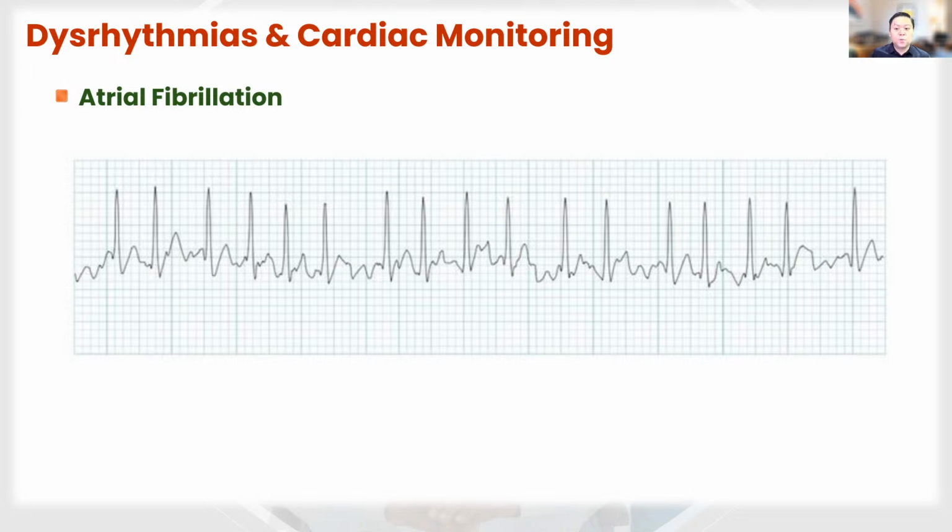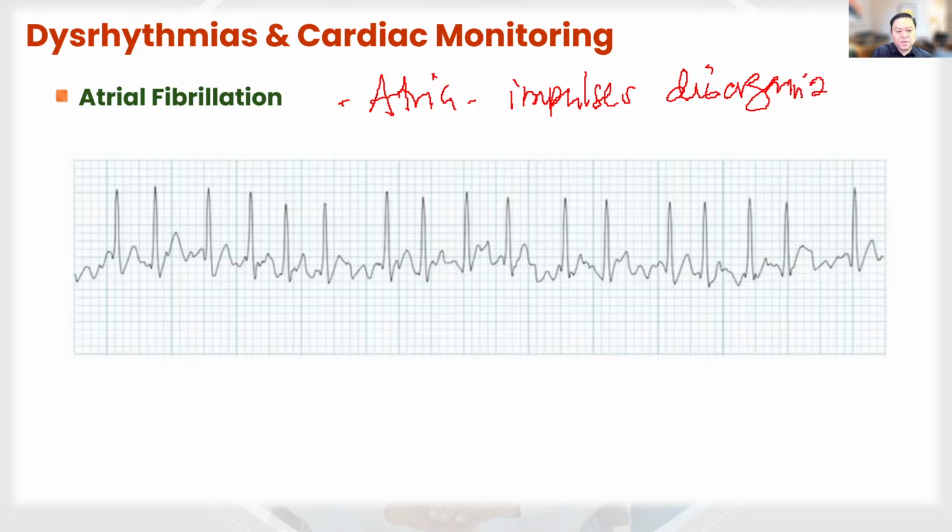And so when you are seeing this in a patient, AFib, the electrical impulses in the upper chambers are so disorganized. Atria impulses are disorganized. So let's just say quivering, okay? Chaotic type of impulses originating from the atria.